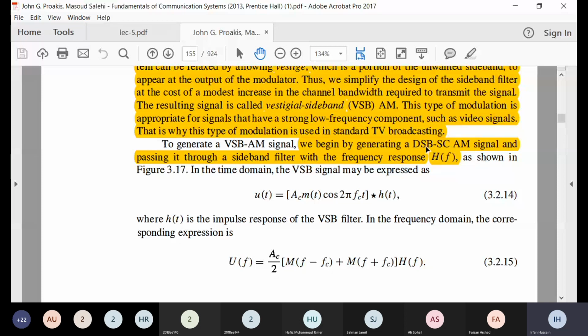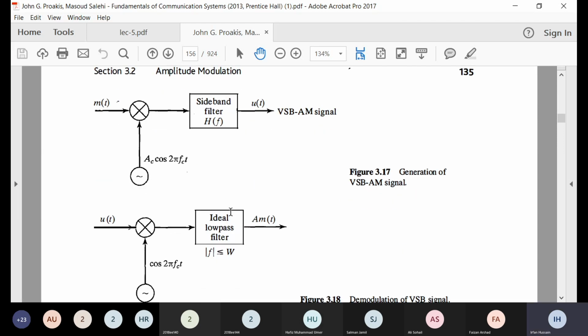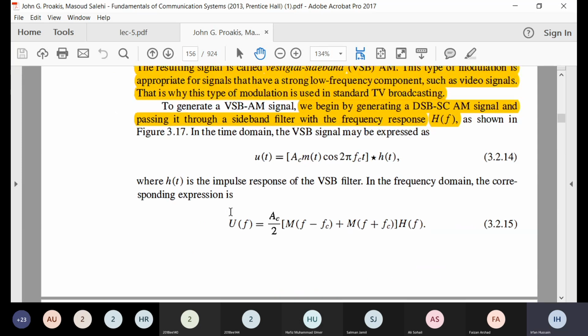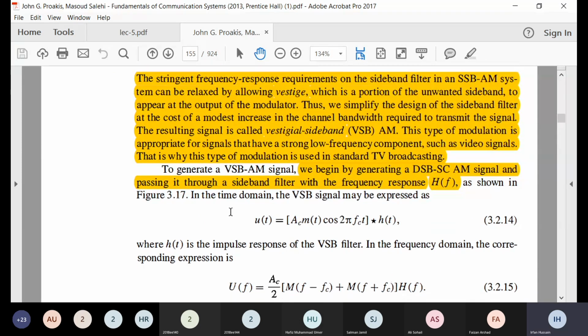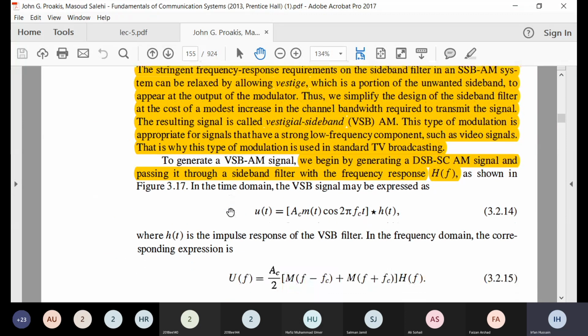So again, we first of all generate a double sideband suppressed carrier signal, and then we pass it through a sideband filter with the frequency response H(f), figure 3.17. In time domain, this will correspond to our double sideband signal being convolved with the impulse response of our filter.